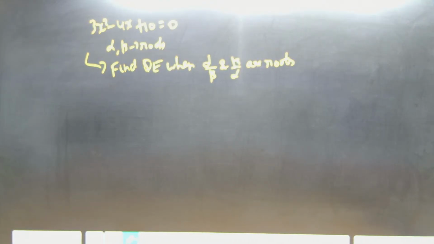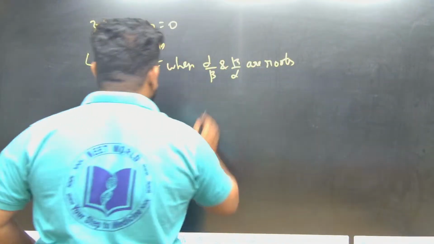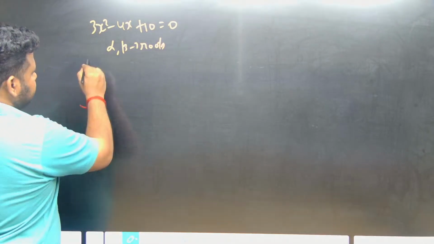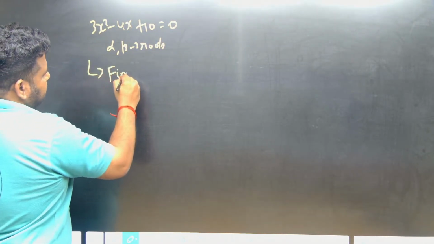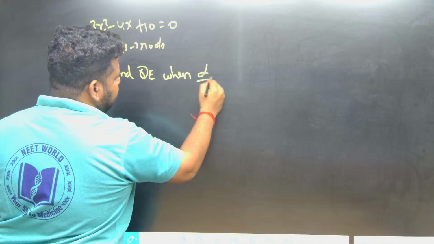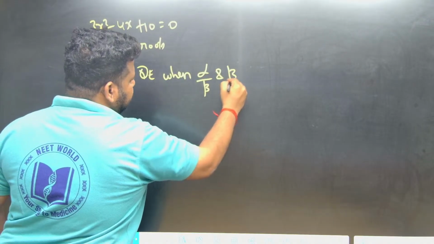So see here, what happens is, they are telling alpha by beta, beta by alpha are the roots, and they are asking us to find the quadratic equation.